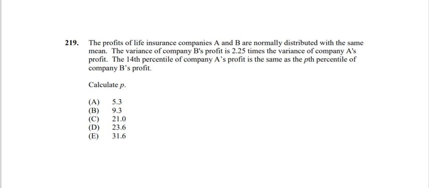So for this problem, we have two things, profits A and B. Normal distributions, same mean, but the standard deviation or variance is different. A follows a normal distribution with mean mu and standard deviation sigma 1, suppose.